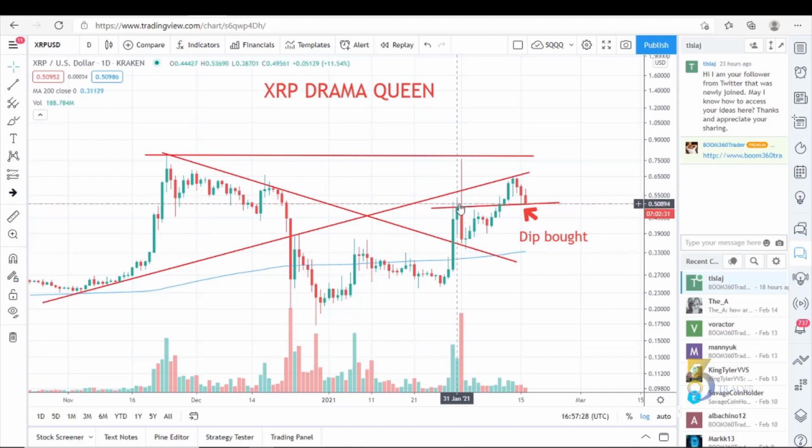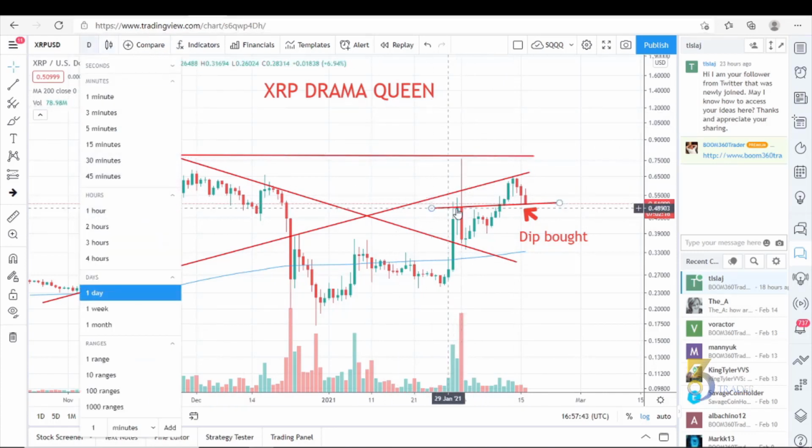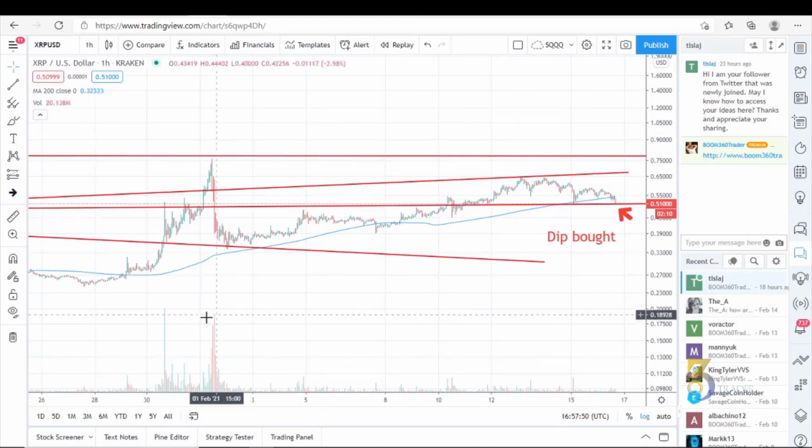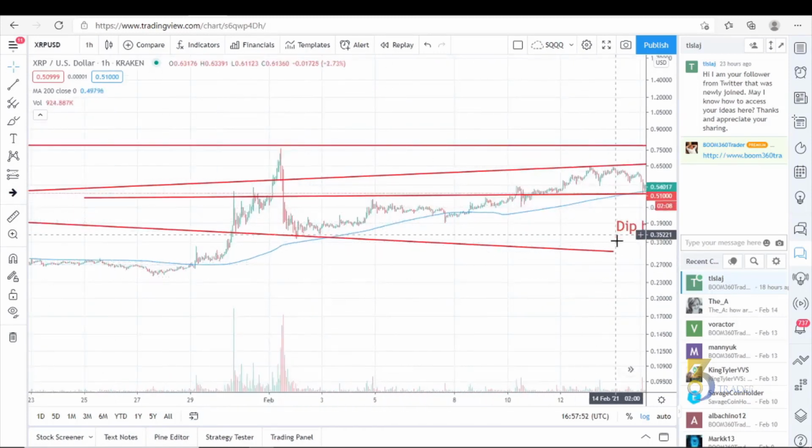How do we know that? Because on the day they were supposed to pump it, you got a pump to here, but then it just got plastered on the daily. If you were to break this down into hourly, you would see this. Let's take a look at it on the hourly. There it is.